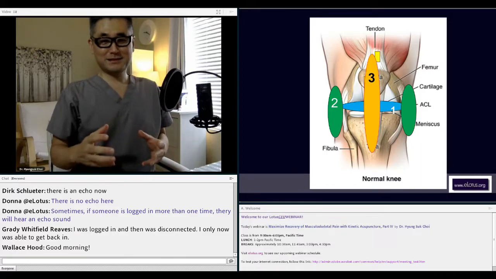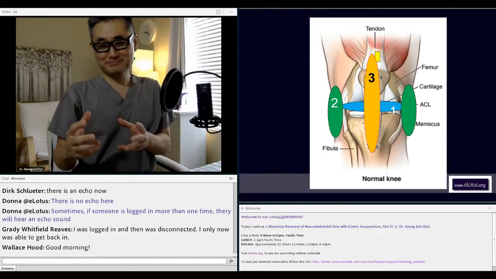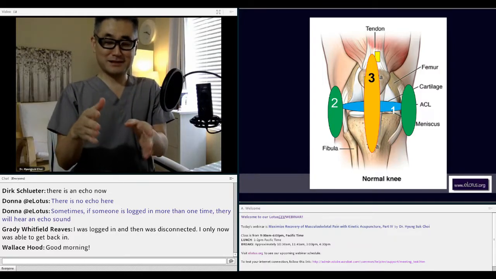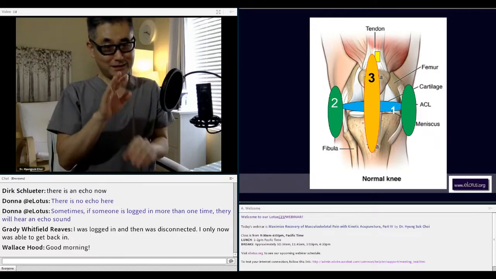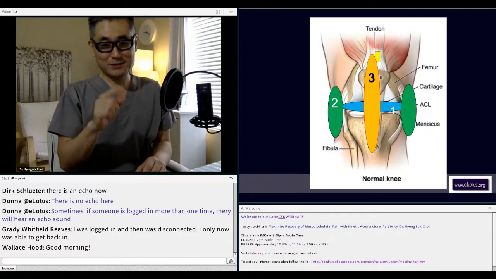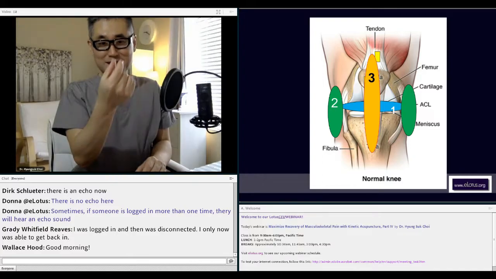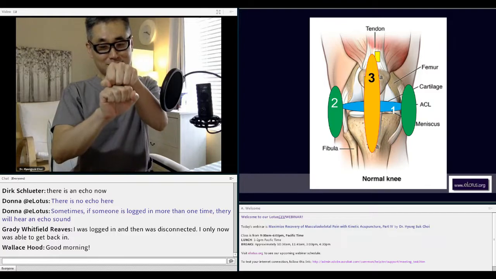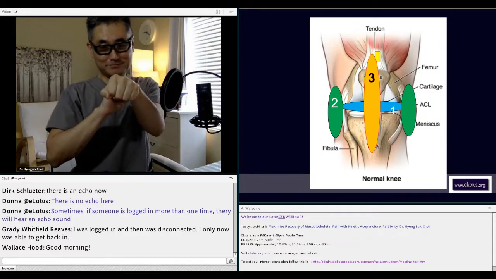Yeah, ACL, PCL, the location and function may be a little bit complicated to understand. Understanding that is good, but I do not think you have to. Let's just think this way. The ligament inside is holding the tibia from coming forward or backward.